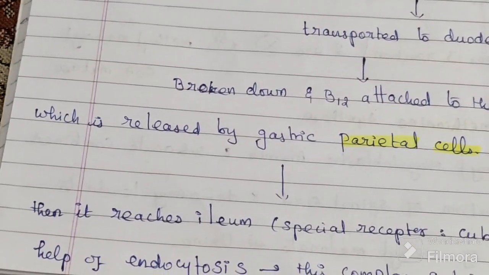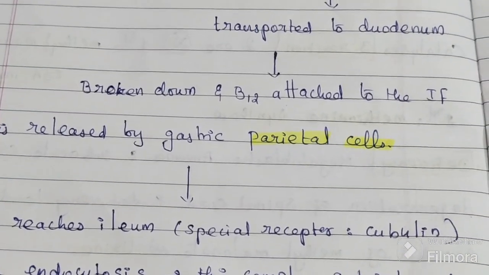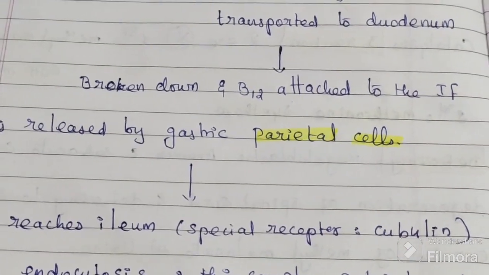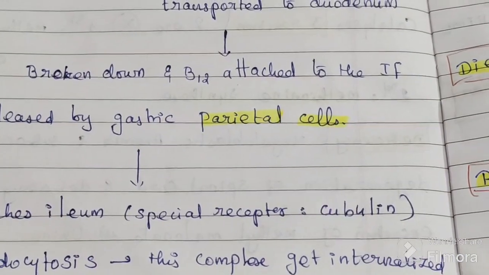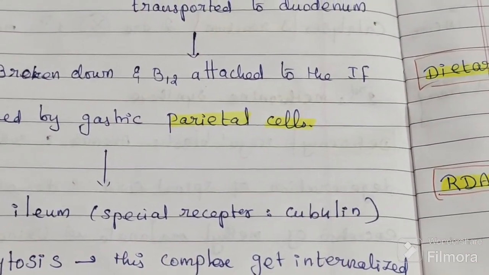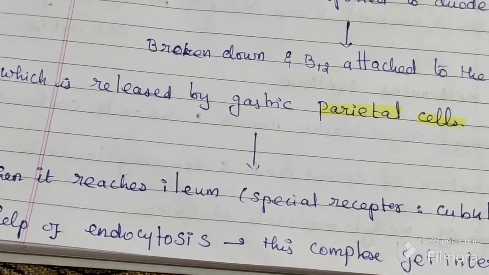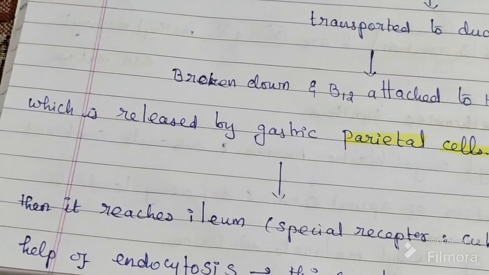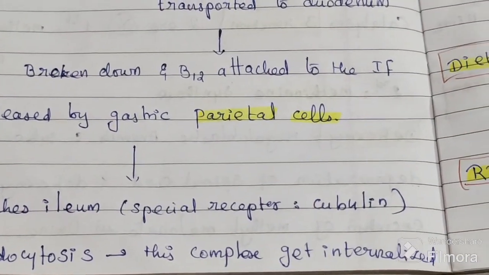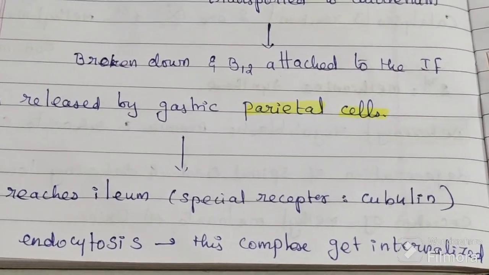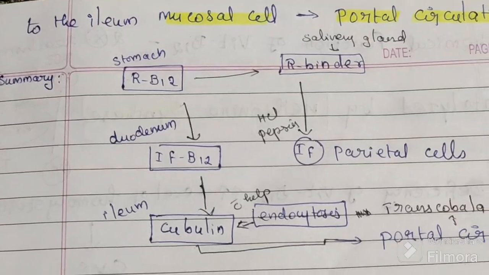Then it reaches the ileum, where there is a special receptor called the cobalamin receptor, present on the intestinal side of the ileal cell. When the intrinsic factor-B12 complex reaches this receptor, with the help of endocytosis the complex is internalized into the ileal mucosal cell.